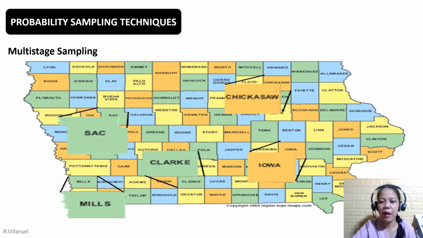So, yung target population nyo ay dito siya nakatira sa Sac, Mills, Clark, Iowa, and Chickasaw. So, dahil magkakalayo sila, sa ganitong situation, automatically, ang gagamitin natin ay multi-stage sampling. So, paano ngayon kukunin yung samples? So, i-apply natin yung iba't ibang sampling methods.